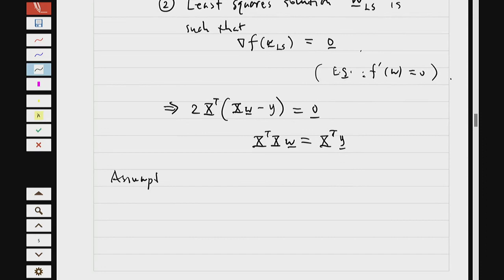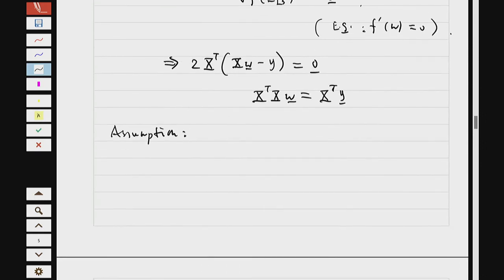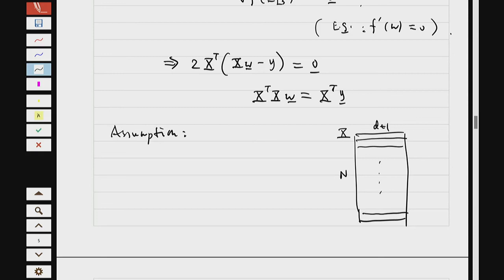The assumption is about the columns of X. Remember this X? Usually it's a long matrix like this, an m by d plus 1 matrix. Each one of these rows is one of the sample points.